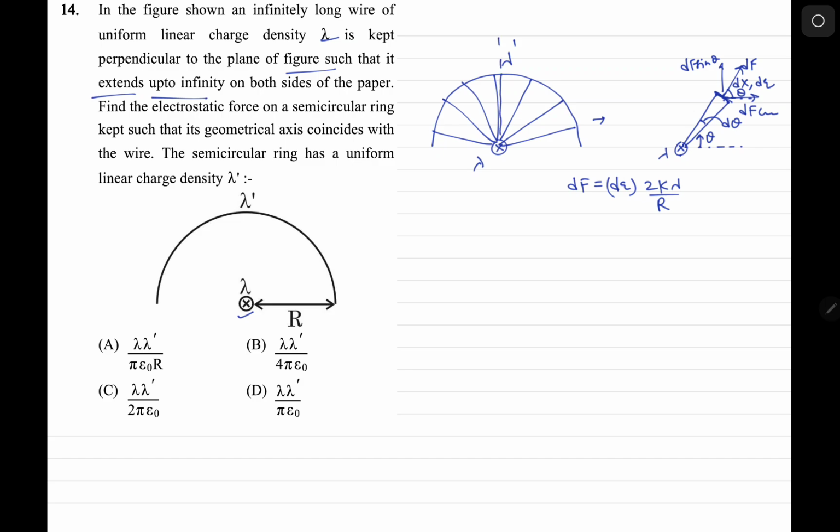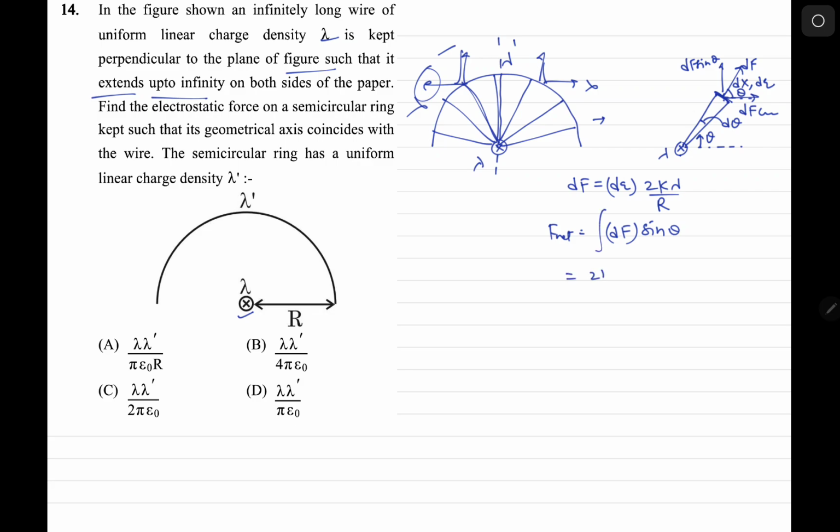If you take another element on this side, you'll again get one component dF cos theta and one component dF sin theta. The dF cos theta components cancel, so the net force will be the integration of dF sin theta.